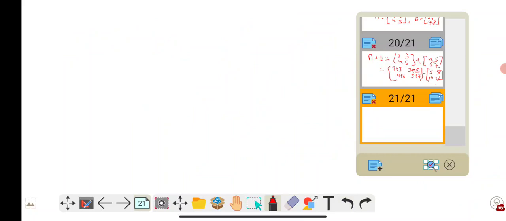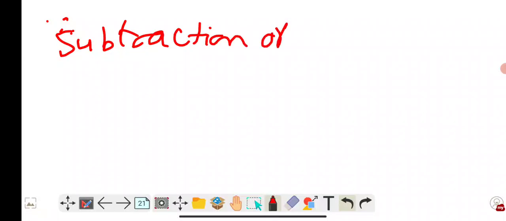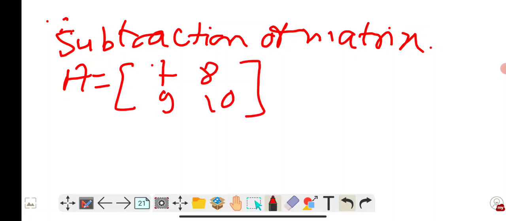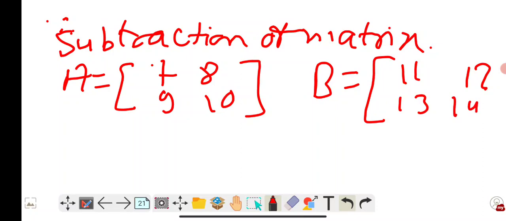Now let's move towards subtraction. Subtraction of matrix. Let's check an example. A equals to 7, 8, 9, 10. B equals to, let's take 11, 12, 13, 14.